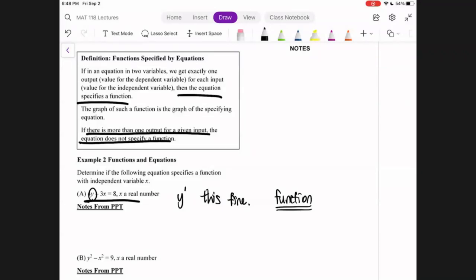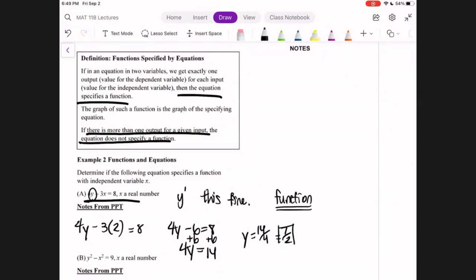So how could you check? If I take some random number, say I plug in 2 for x, I get 4y minus 6 equals 8. So if I add it over, I get 4y equals 14, so y equals 14 over 4 or 7 over 2.